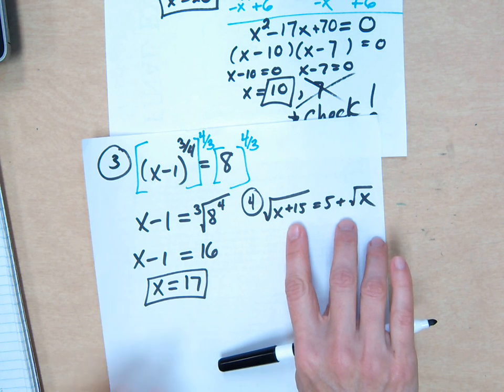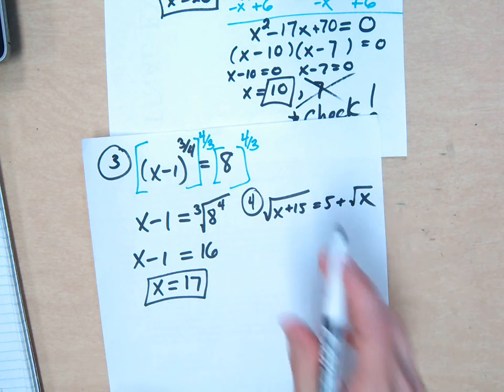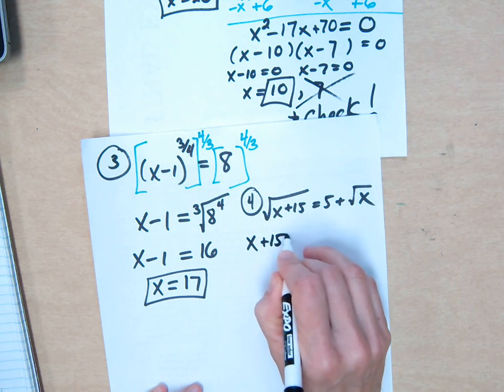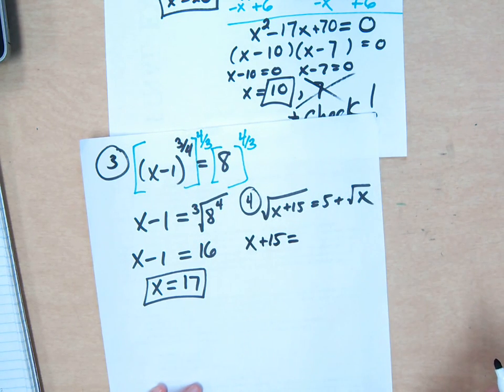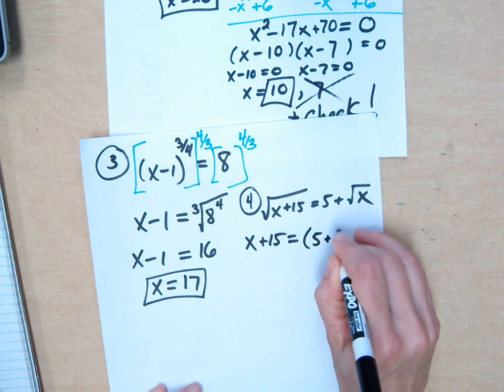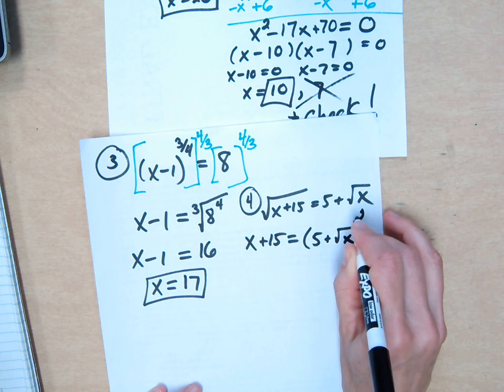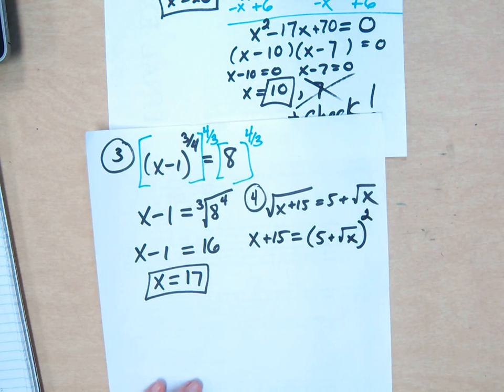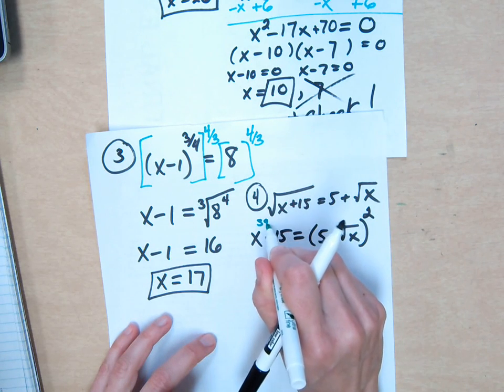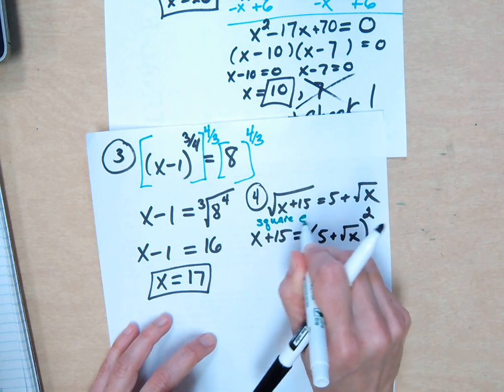So you square both sides. I'm not going to rewrite the original, so the radical goes away on the left side when you square that, and on the right side you have to be careful to square the entire side. So all I did was, I'll write it in words, square each side.